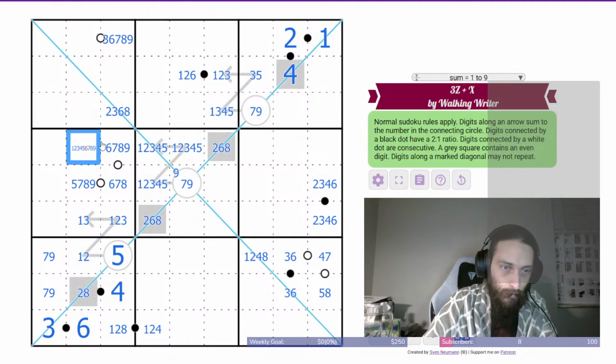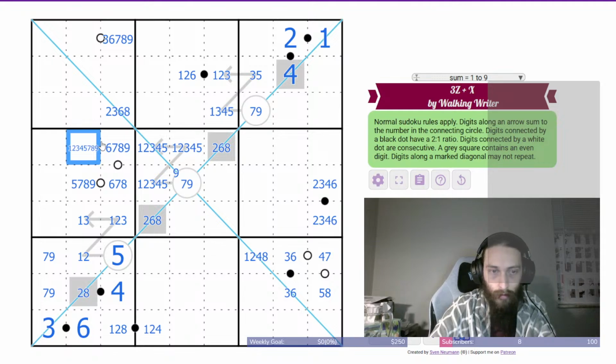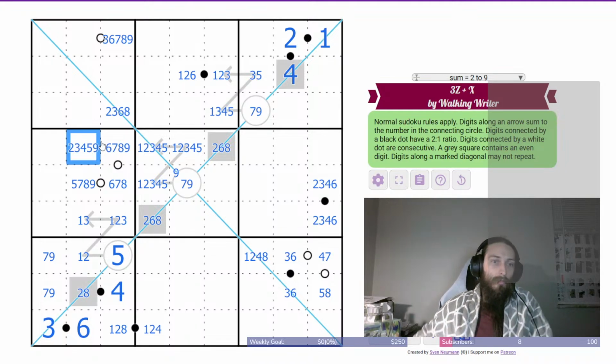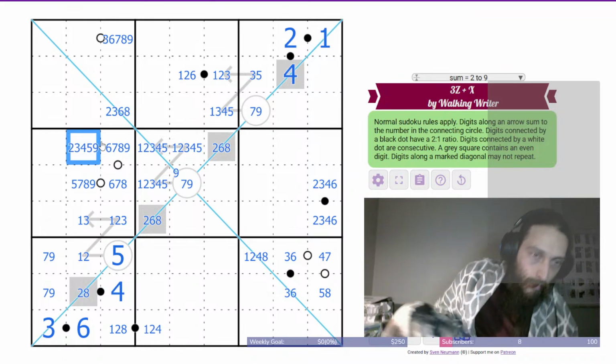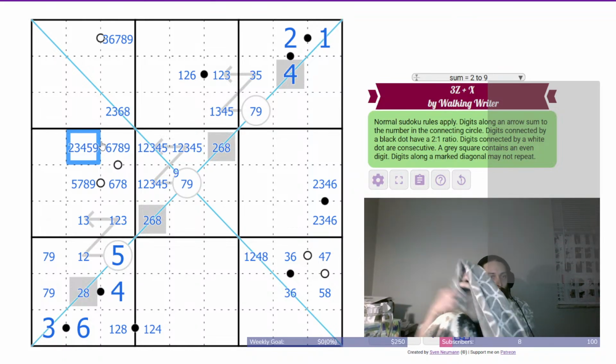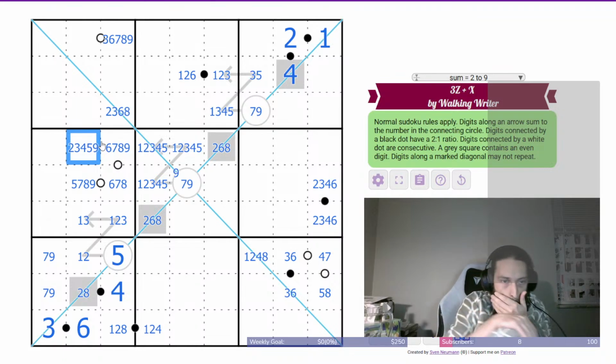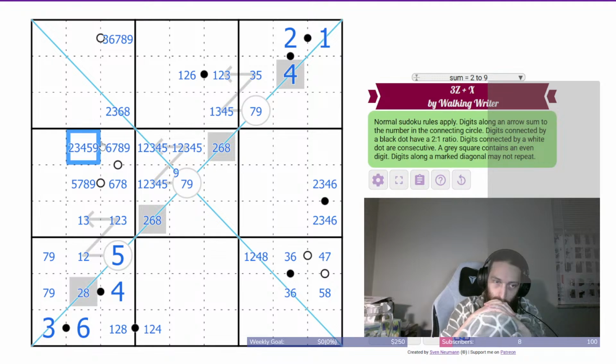What can this digit be? It's not a 6. It's not a 1. And if it's not a 9, then it can't be 8 or 7. Well, that's not super helpful.